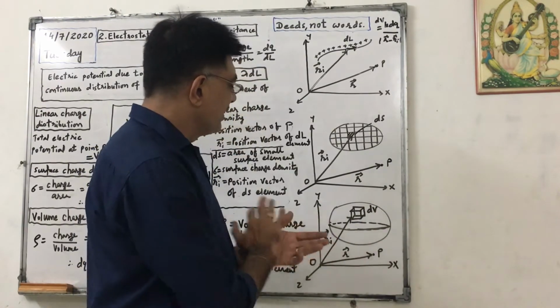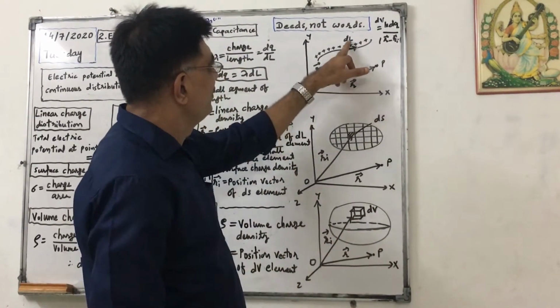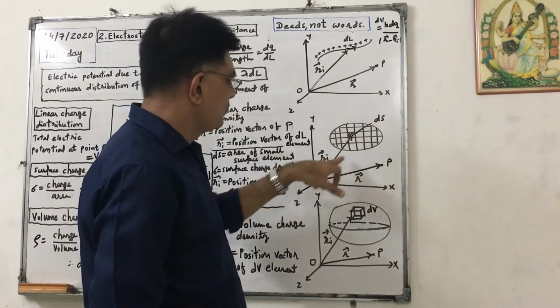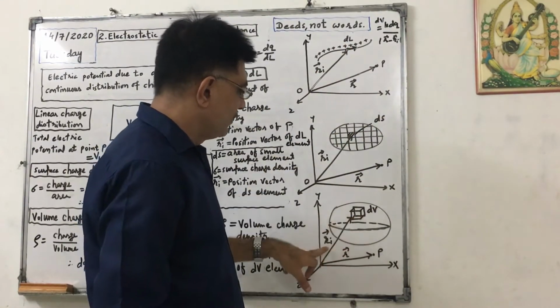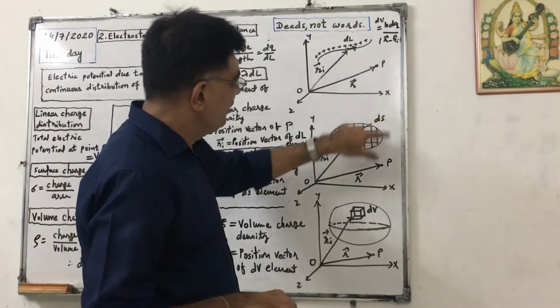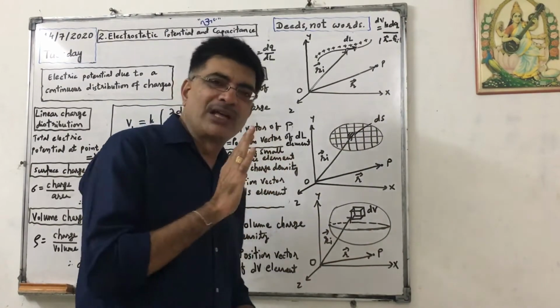All other data is the same. The position vector I have considered for dl is Ri, for ds also it is Ri, for dv also it is Ri, and point P we have located at vector small r.